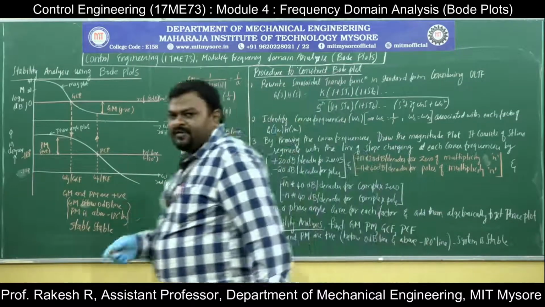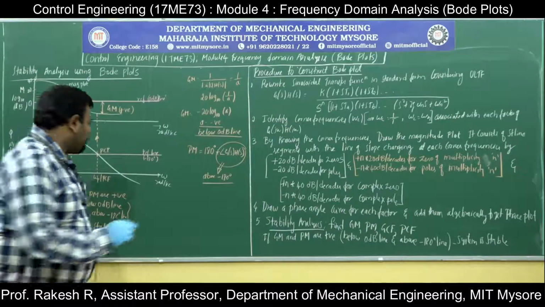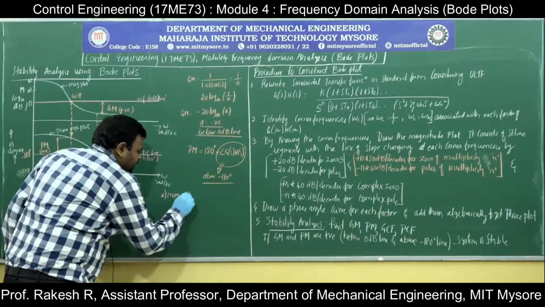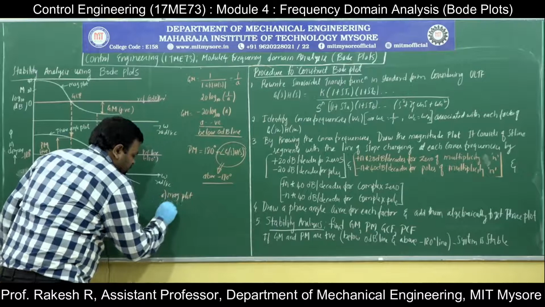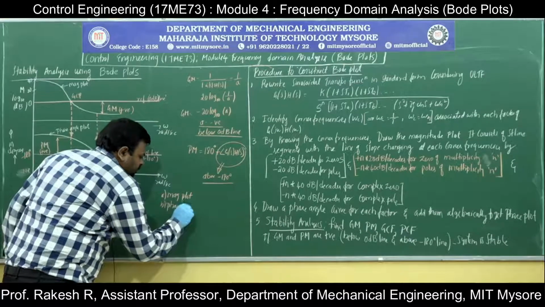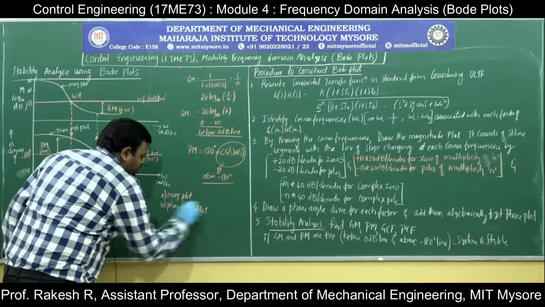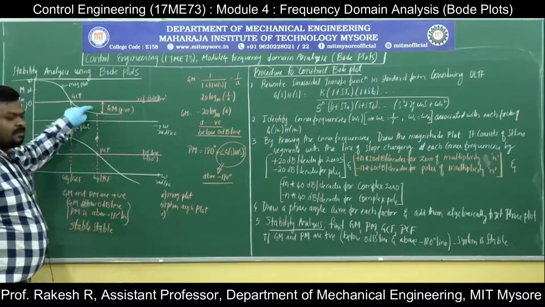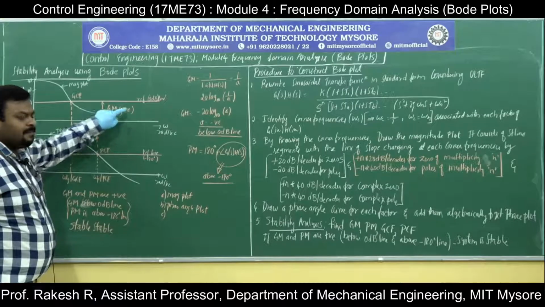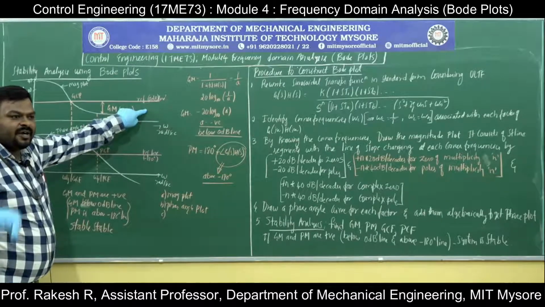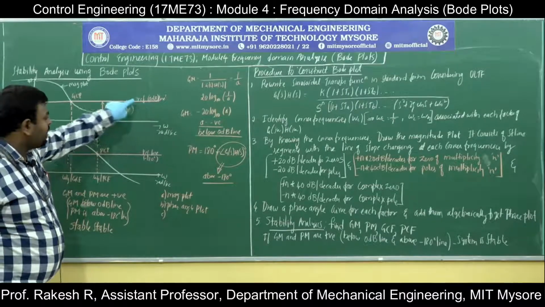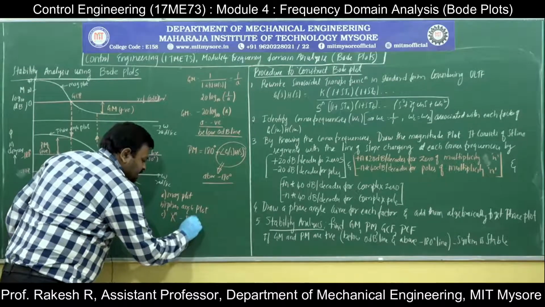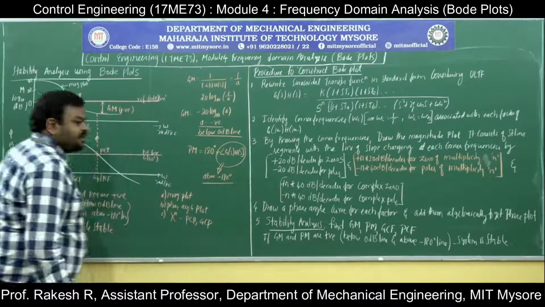So basically what we have done here: first we drew the magnitude plot, then the phase angle plot, then identified where the magnitude plot crosses the 0 decibel line. That means you identify the intersection of the magnitude plot and the 0 decibel line, and the phase crossover point and gain crossover point.